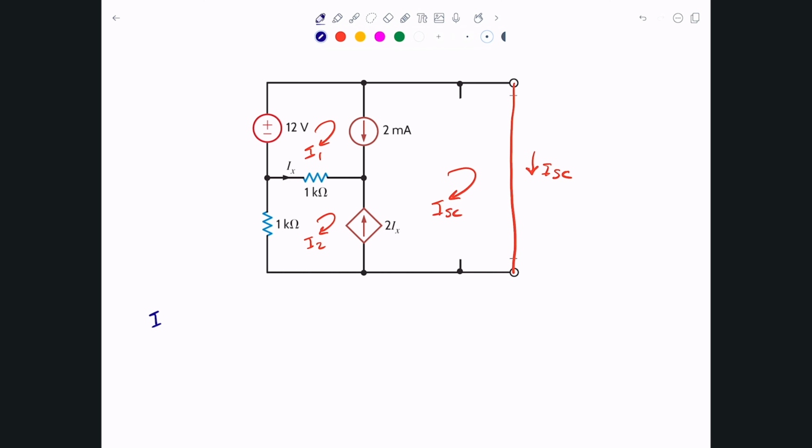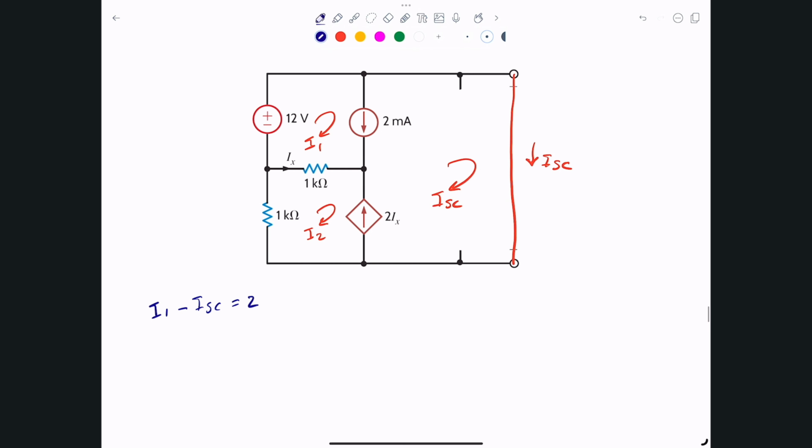I believe I1 is not 2 milliamp anymore, because that 2 milliamp affects the I short circuit and the I1. So I1 minus I short circuit is simply 2 milliamp. Then we do the same thing for this current source: 2Ix is simply I short circuit minus I2.